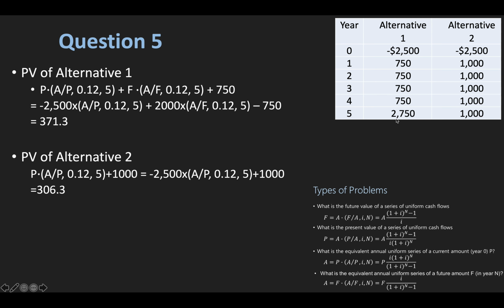That's our future value, right? This $2,000 future value, I need to convert that to annuity. So same thing with future value. How do I calculate the annuity? It's this function, right? I, we know, 0.12. N we know, which is 5. So I use this, put it here. After all the calculation, the number is $371.3.